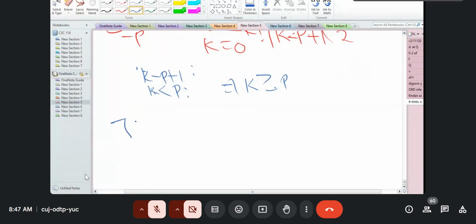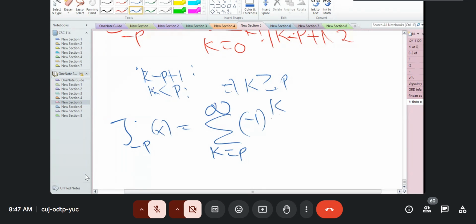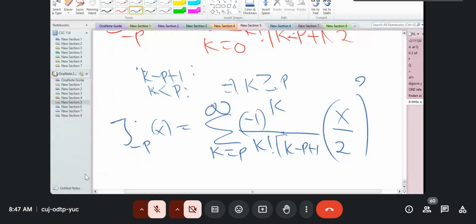So for j minus p of x, we'll have that this should run from k equals p to infinity of minus 1 raised to power k divided by k factorial gamma of k minus p plus 1 times x over 2 raised to 2k minus p.